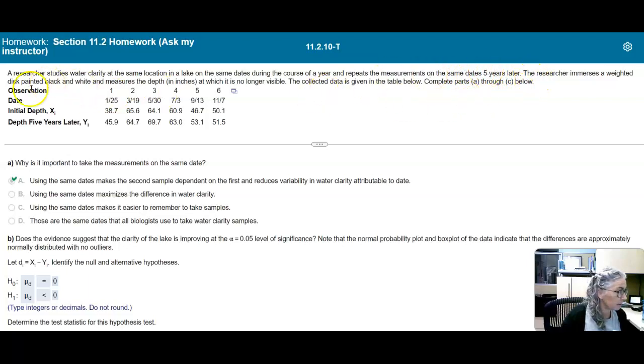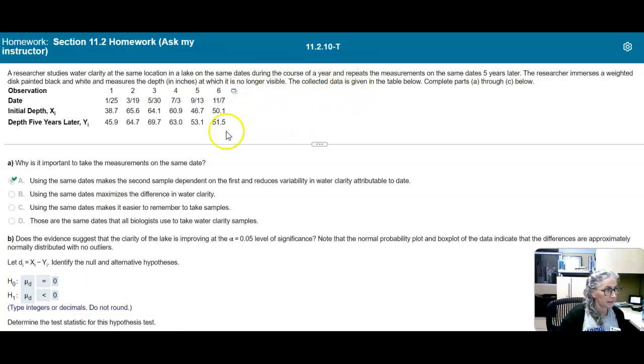They do this by putting a disc that's painted black and white into the lake, and that's called a Secchi disc. It's a real device, and they drop it into the water and see how deep it goes until they can't see it anymore, when it's no longer visible.